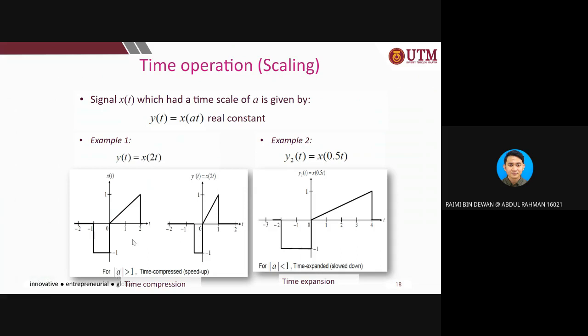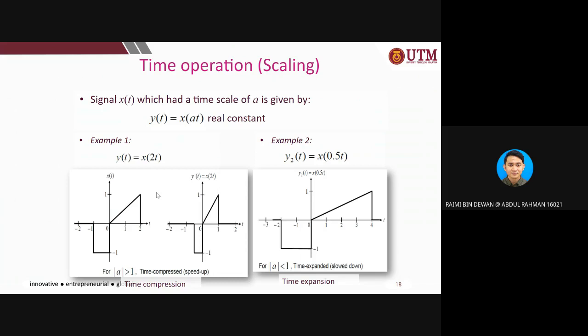In this case a is equal to 2, so obviously a is greater than 1. What happens when a is greater than 1? Your new signal will be compressed in time.